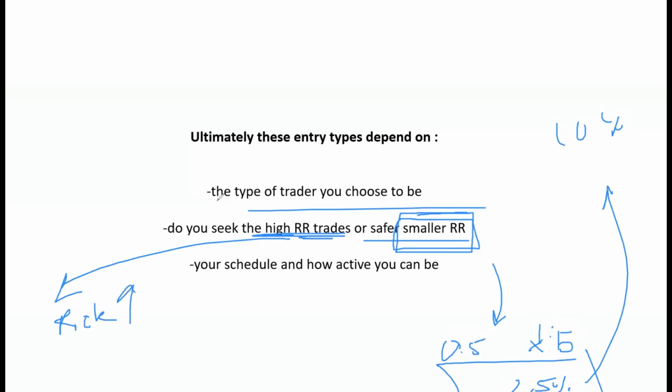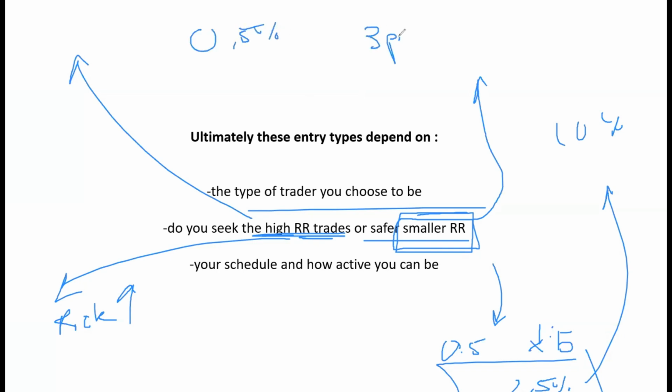But personally, the way I go about it, this one is for my accounts that are quite small, just a few thousand pound account, for example. This one would be the much higher funded accounts. They're the accounts you can't really mess with, because if you're risking 0.5% on a 3 pip stop loss, I mean, you can do that.